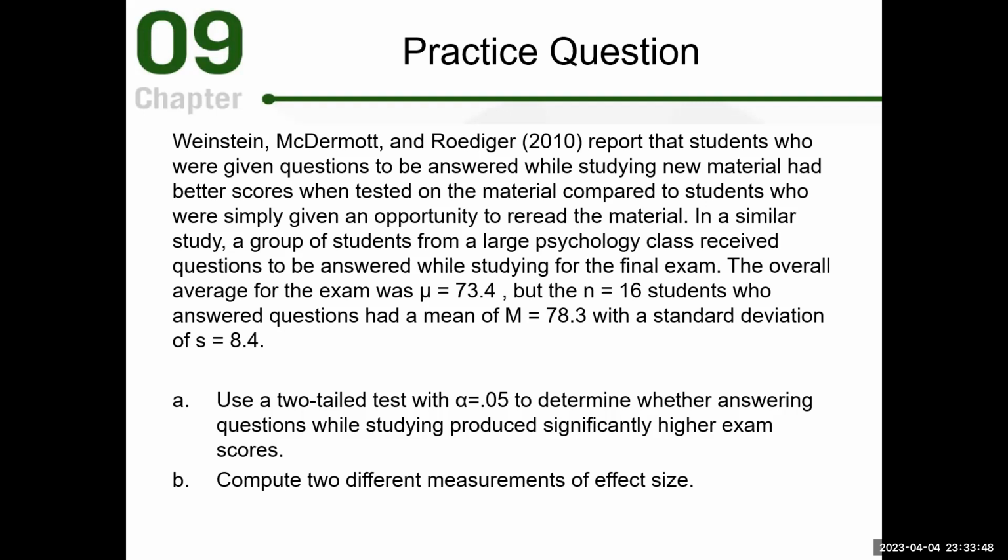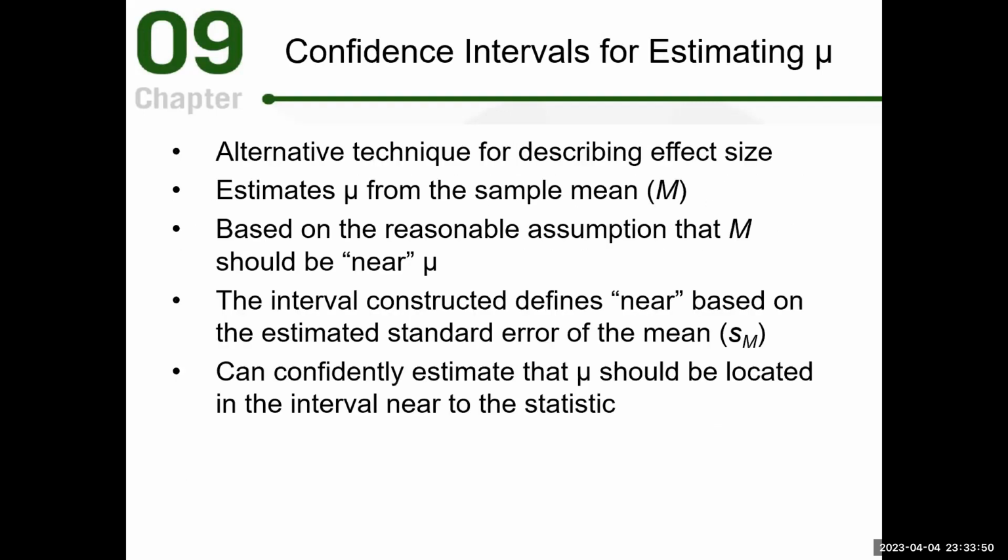Okay, I'm not going to spend a lot of time going through too many examples. The last thing we'll talk about is confidence interval. Okay, and the confidence interval is an alternative technique for describing effect size. So what happens when we use a confidence interval for estimating the population mean is we use our sample mean, and then we want to locate the population mean somewhere near that sample mean, right?